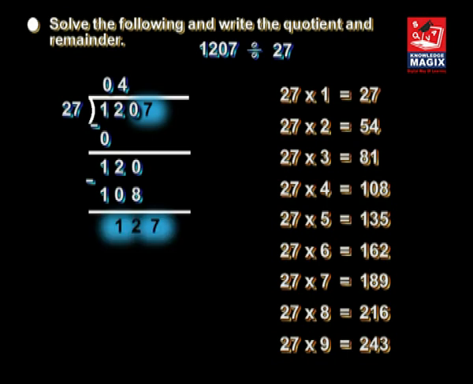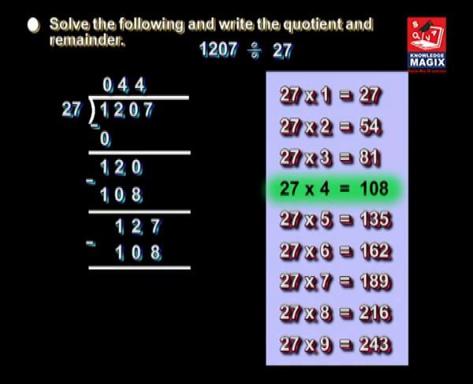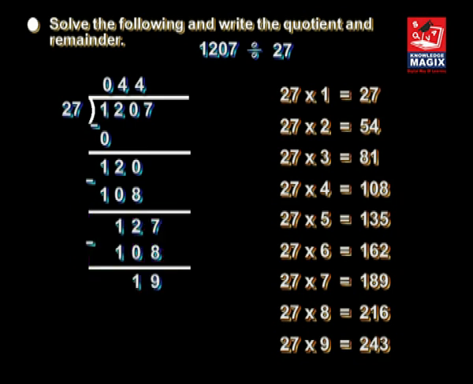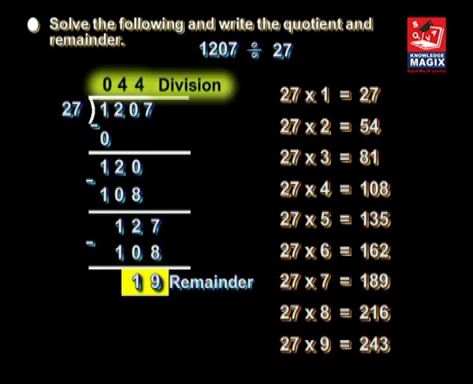So now 127 divided by 27. Again from the table we'll find out the number just smaller than 127. It is again the same. 27 4s are 108. So we write down 4 in the division. So 127 minus 108 is 19. So remainder is 19 and division is 44.